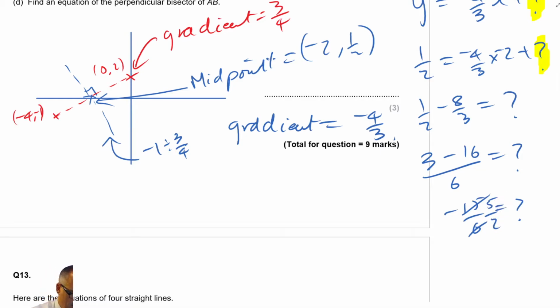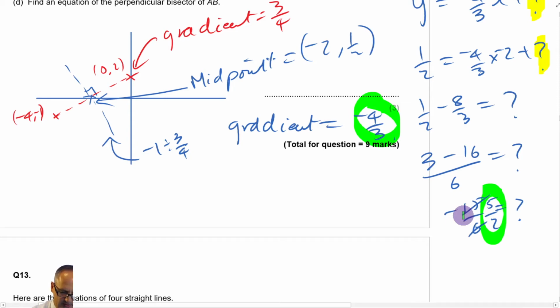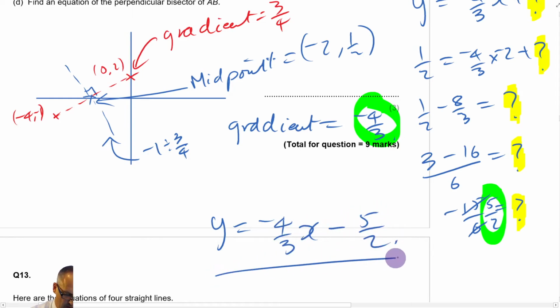So we have our gradient, and we have where it crosses the y-axis. We worked out what the thing is we didn't know. So therefore, y will equal -4/3 x minus 5/2, or 2.5. Doesn't really matter which way you do this.